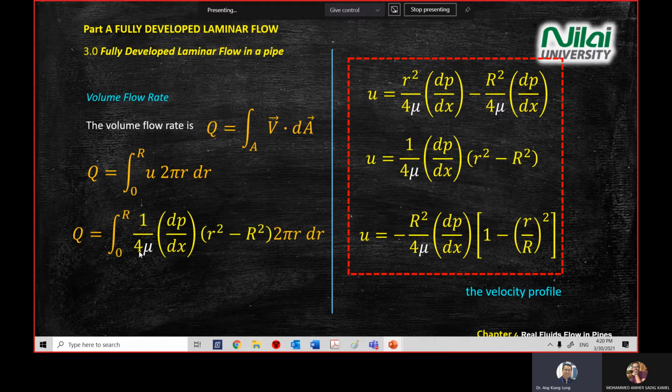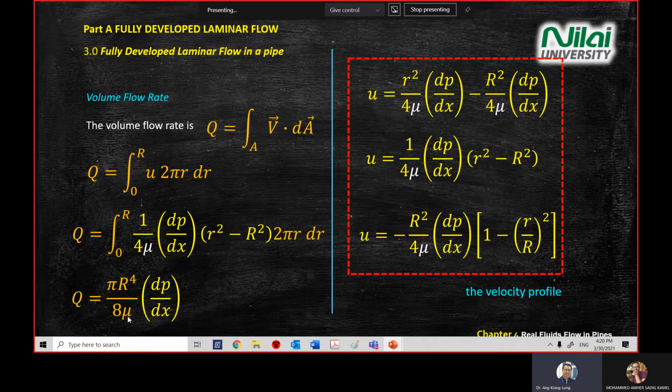The rest is just mathematical substitution: you look at the slides, substitute the u equation inside the integration, and then do the integration. At the end, you arrive at the equation at the bottom of the screen: Q equal to pi R, where capital R refers to the outer radius, R to the power 4, divided by 8 mu.